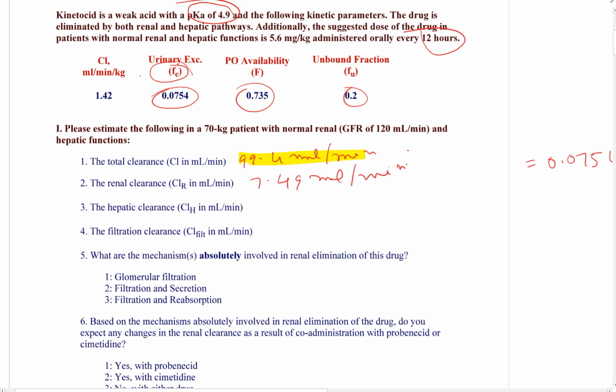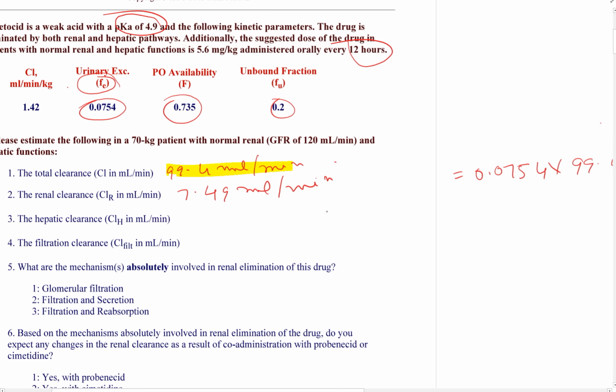Now hepatic clearance. Hepatic clearance is easy. This CLH, if you remember, we have to find the fraction hepatic clearance. CLH is equal to 1 minus Fe times total CL.